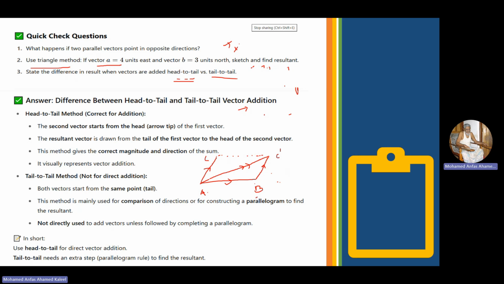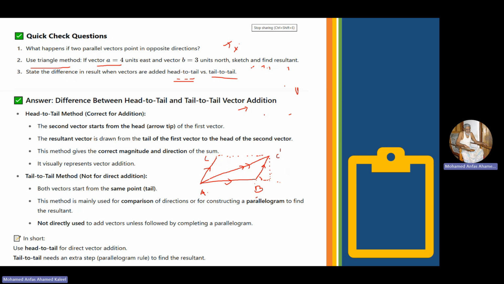To derive this, we have to calculate a formula. Let's say this is theta. We will discuss the formula in the next chapters, how in mechanics we derive the parallelogram theory formula. For adding tail to tail vectors, you have to consider the vector parallelogram theory.